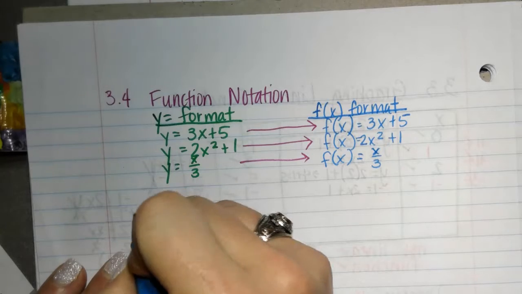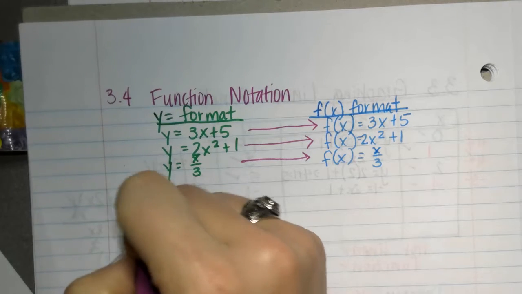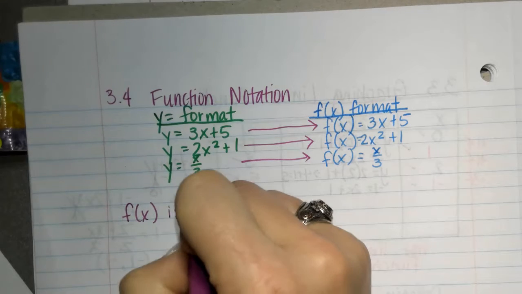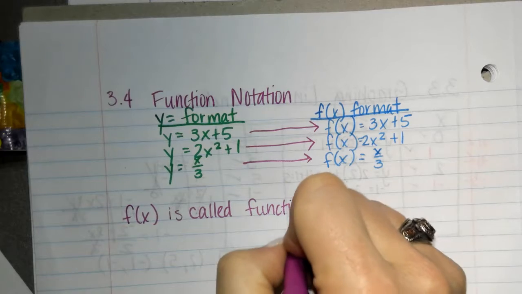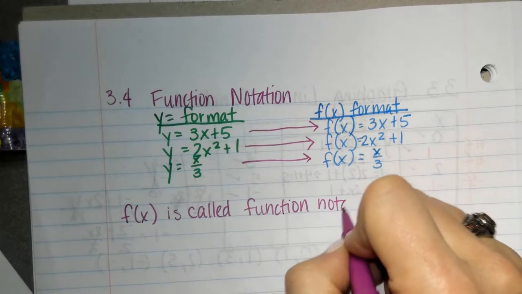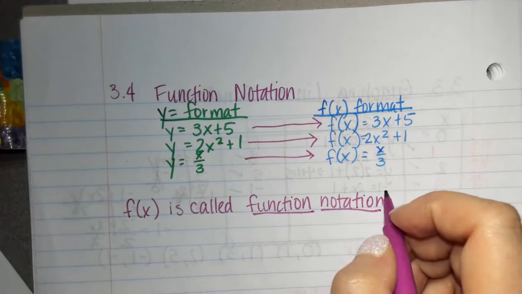But here's the thing. F of x is called function notation. Underline that. It's called function notation.